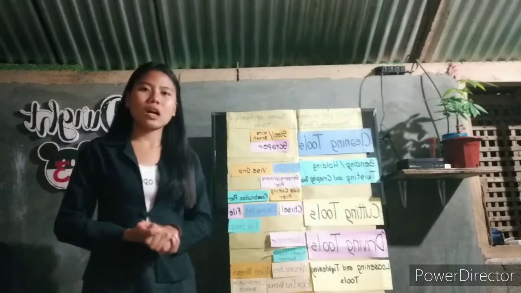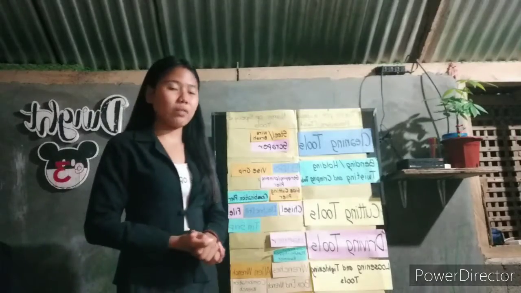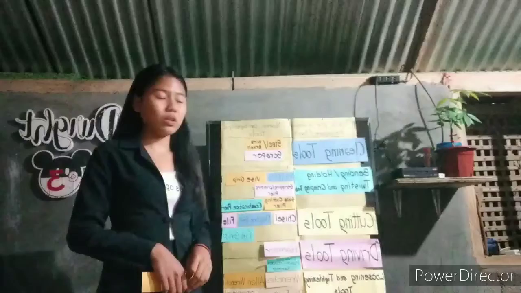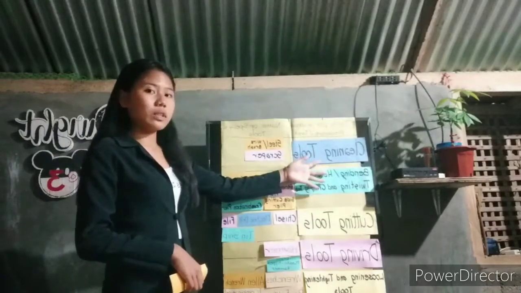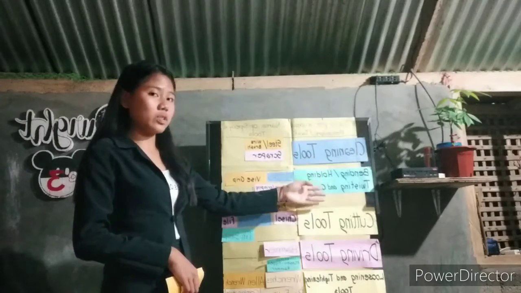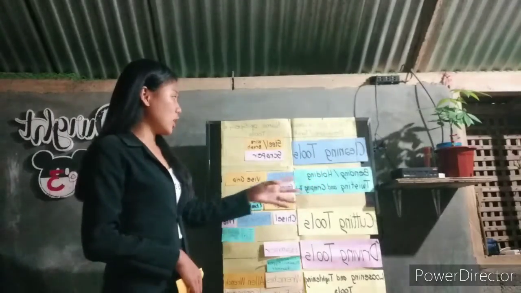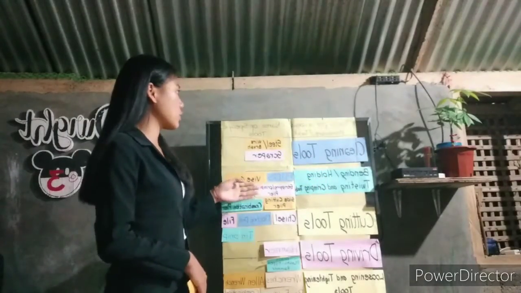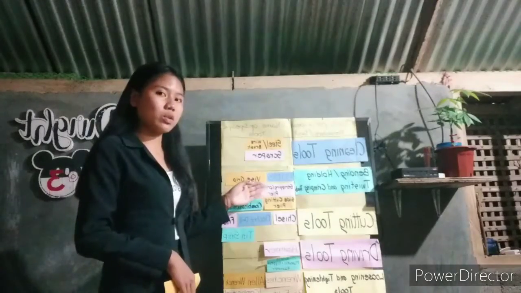So before we start our lesson for today, I have here in front an identification table, which on this side has specific tools for specific procedures and tasks, and on the other side has the names of specific tools.